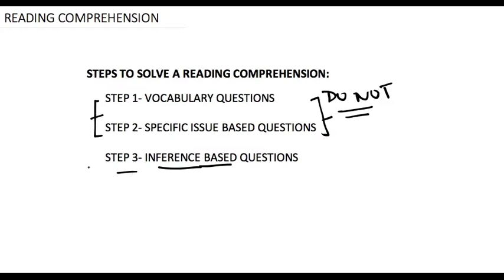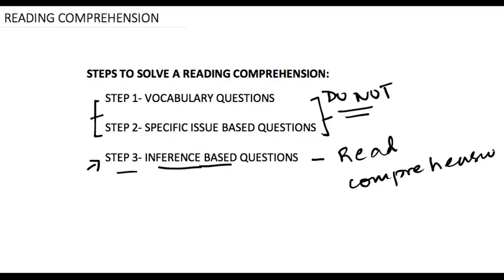It is only these inference based questions in step 3 where you have to read and comprehend the comprehension, right? So in order to solve these 2 to 3 questions, you need to go through the RC and understand what is being asked in the examination. These are considered the most typical questions out of these 3.